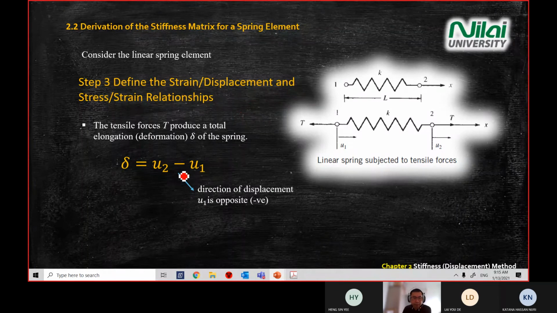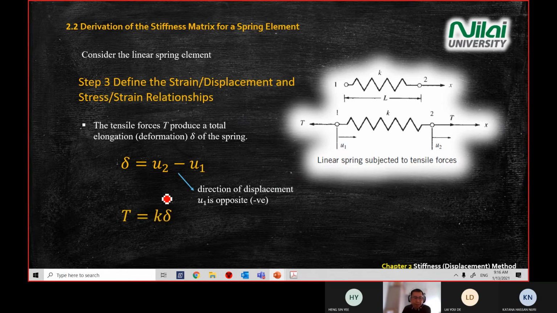So now, why do we have a negative here? I already explained. Because in your calculation, you know that point 1 will move to the left. You pull from point 1 to the left, so the displacement at this point will move to the left. The x direction is positive to the right, so your u1 will be negative.